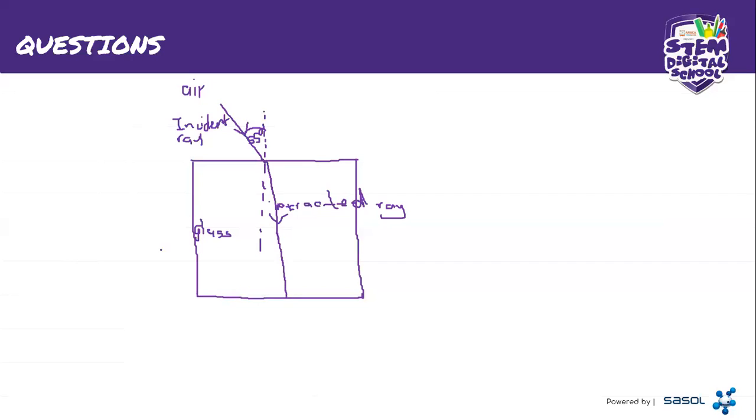Right. So there's the refracted ray. And if this is the refracted ray, then the angle between the normal, which is this line, and that ray is the angle of refraction, which is given as 40 degrees.